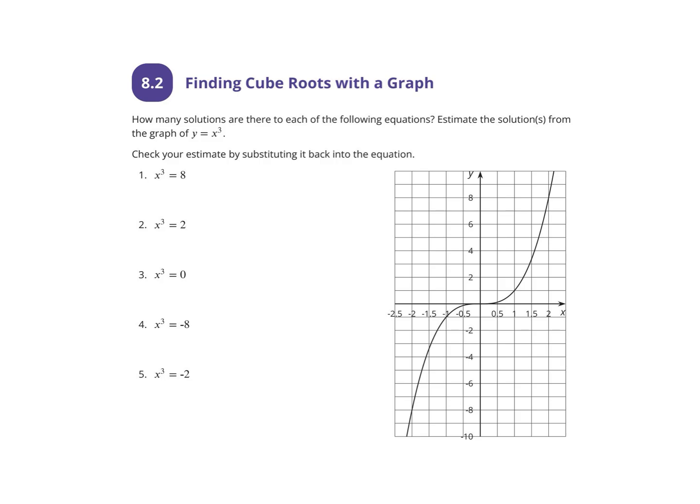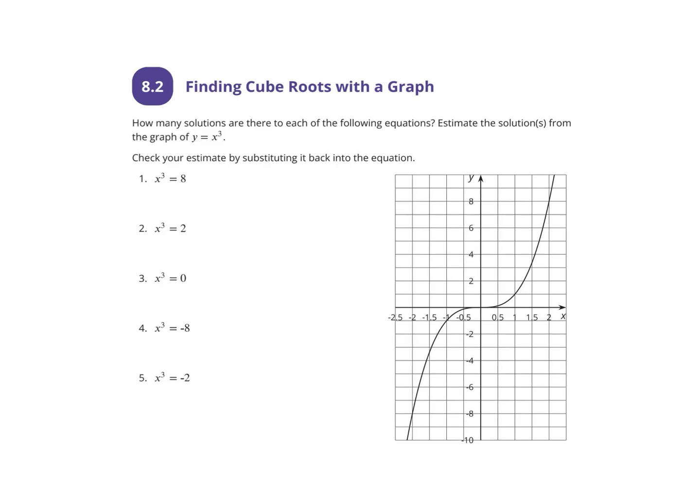Okay, finding cube roots with a graph. So when you cube a number, the opposite of cubing a number is taking the cube root of that number. When you take the cube root of anything cubed, that thing pops out. The same thing with square roots.